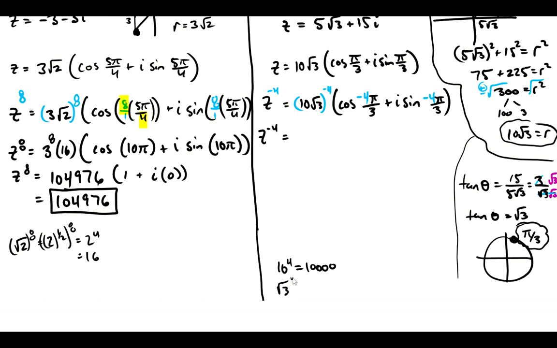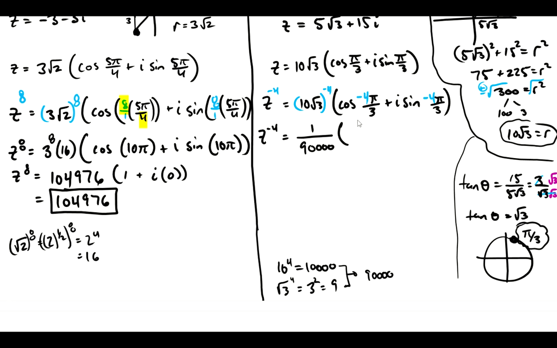Radical 3 to the 4th, I'm going to do my same strategy as last time. That would become just 3 squared, which is 9. So when 10,000 multiplies 9, we would have 90,000. The negative power, though, would just put it down below, so 1 over 90,000.